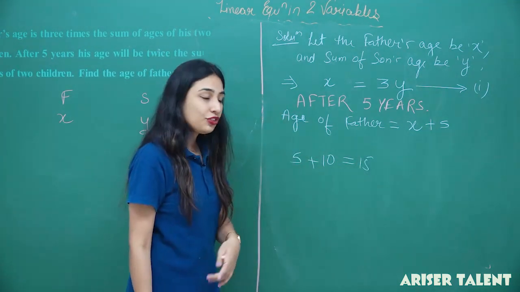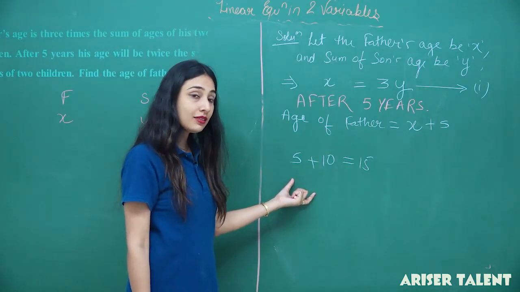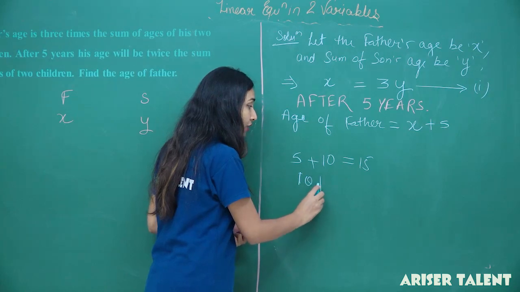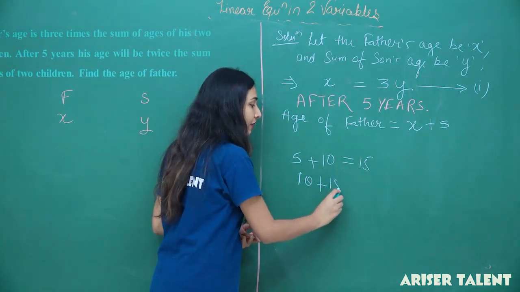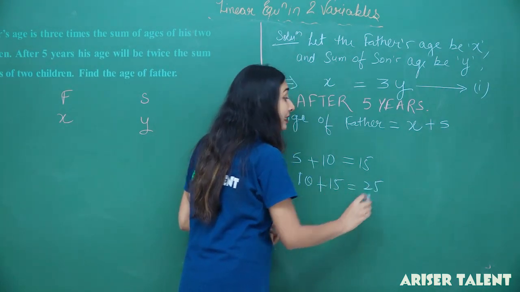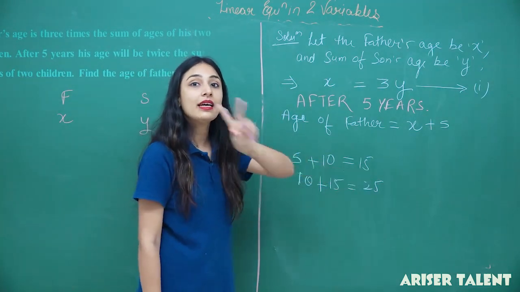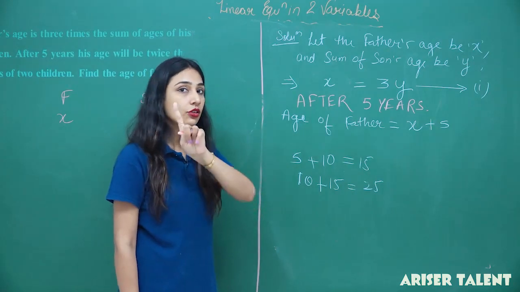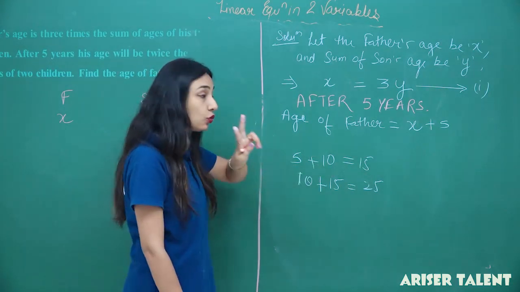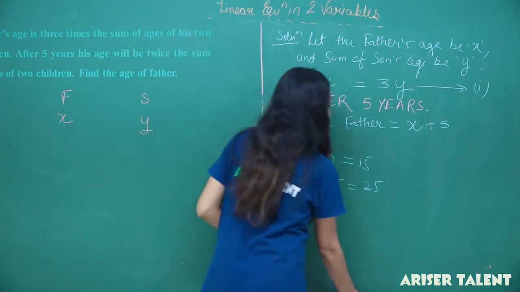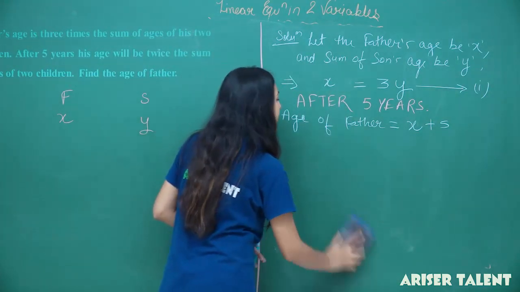After 5 years, this will become 5 plus 5, 10, and this will become 10 plus 5, 15. So that will be 25. So there is no 5-year difference; there will be a 10-year difference because they are 2 sons. This is not talking about only one. Ages of 2 sons, so 5 plus 5. Got this point? So this is the trick here.